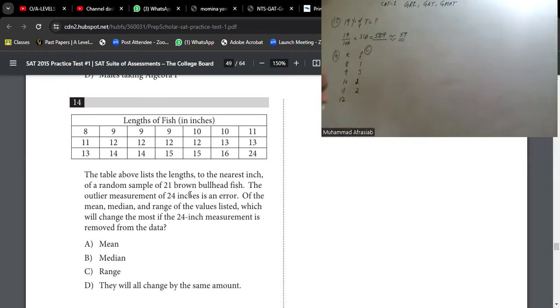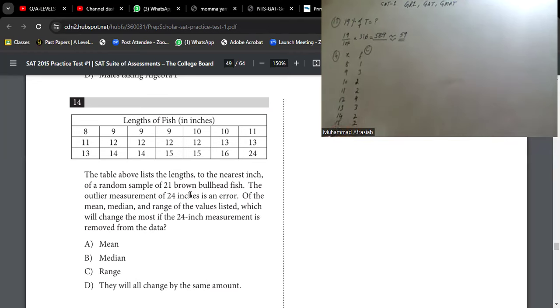For the 12 values, the frequency is 1, 2, 3, 4. For the 13 value, the frequency is 1, 2, 3. For 14 values, the frequency is 2. For 15 values, the frequency is 2.